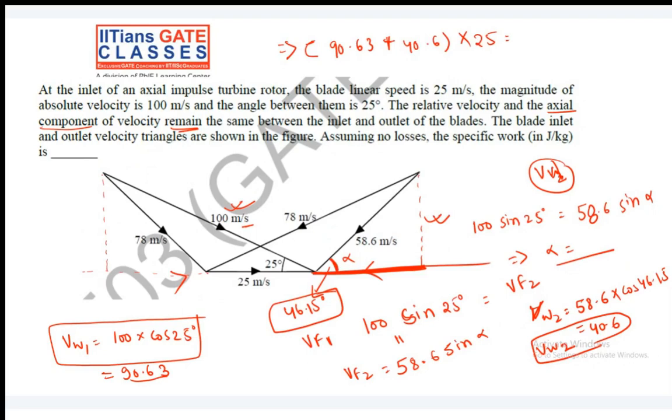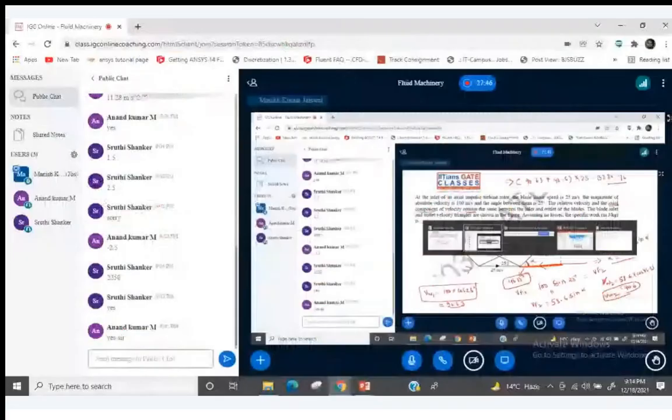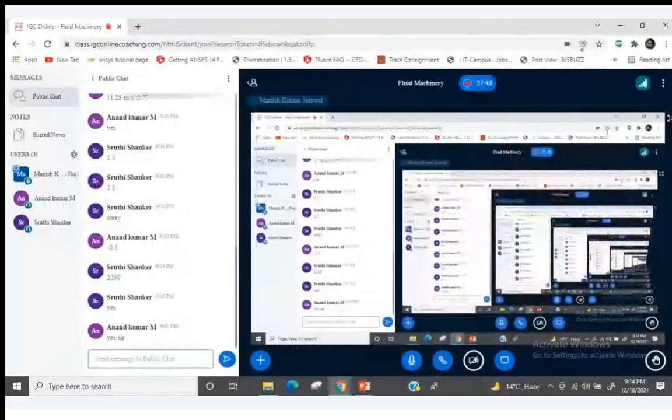Got it? So this value is 3280.76. Yeah, got it, everyone? Please tell me.